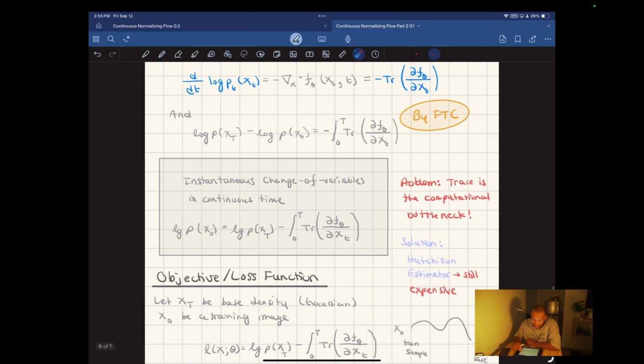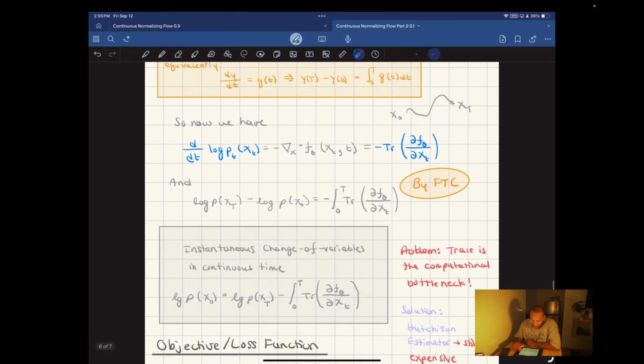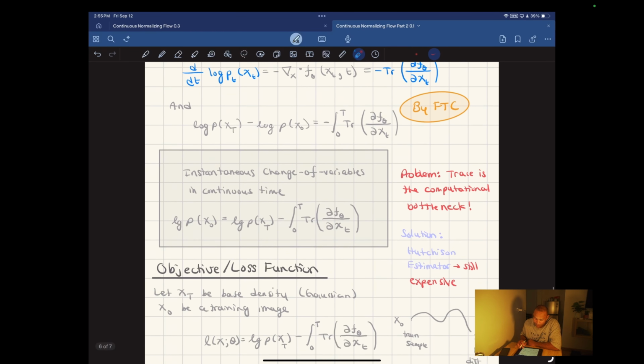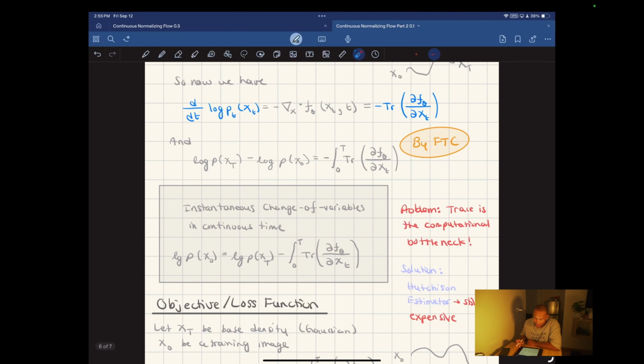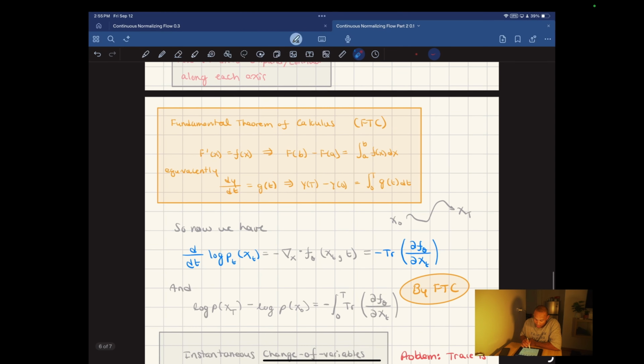So that brings us to our final step. Now that we have the derivative of log density with respect to time equals the negative trace of the Jacobian, we use the fundamental theorem of calculus to get our instantaneous change of variables in continuous time.